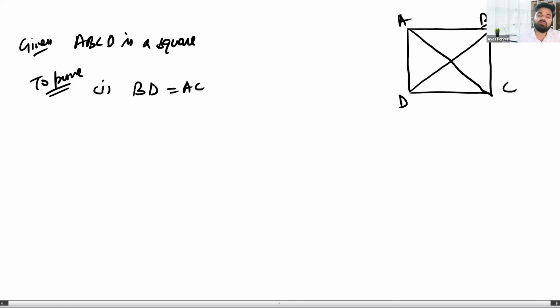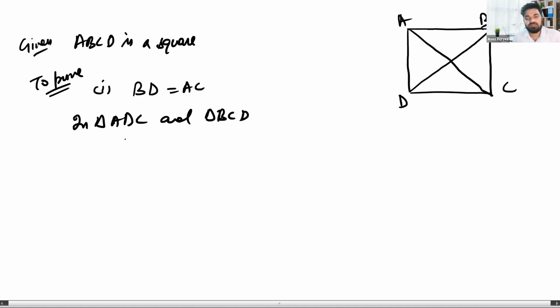Okay. So what is being given to you? ABCD is a square in which, so which two triangles will you choose? First tell me. Triangle ADC and BCD. Yes, we have done this one. So first of all, we choose triangle ADC and triangle BCD. So what will you write here? What are the three things that will prove these two triangles congruent?